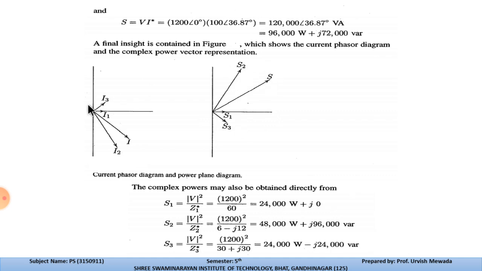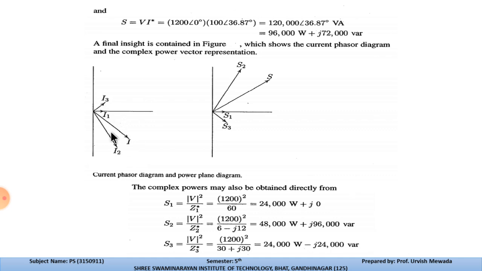And for the values of current that we derived, I1 was at j0, so I1 is taken as the reference. Then I2 was at minus j80, so I2 is taken lagging I1. Similarly, I3 has j20, so it is taken above the reference plane.